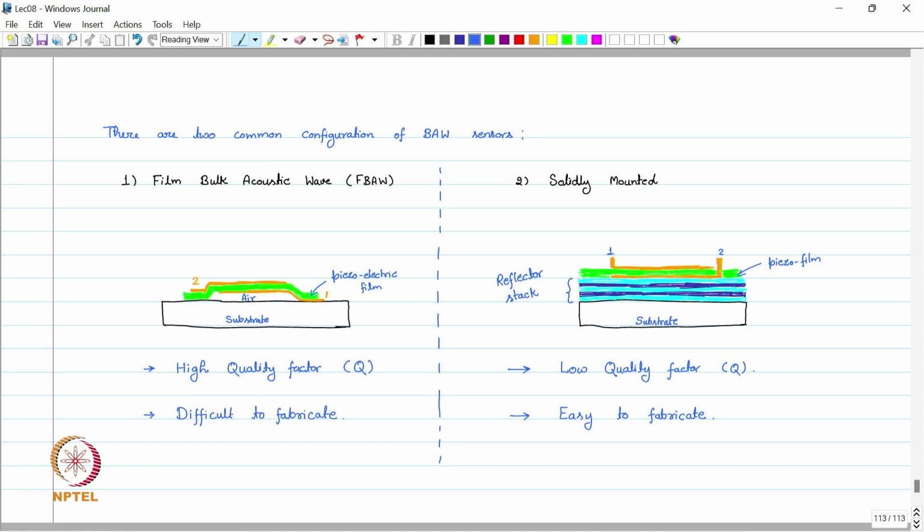So these are some pros and cons of the solidly mounted structure.